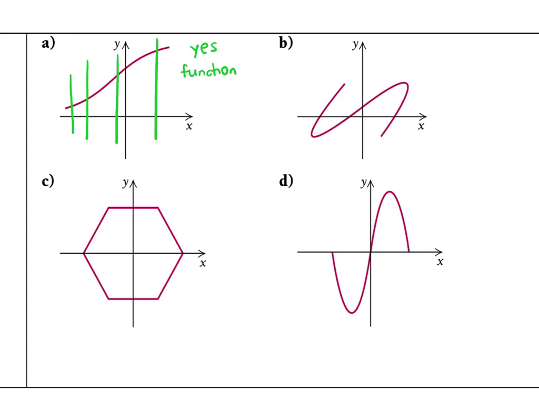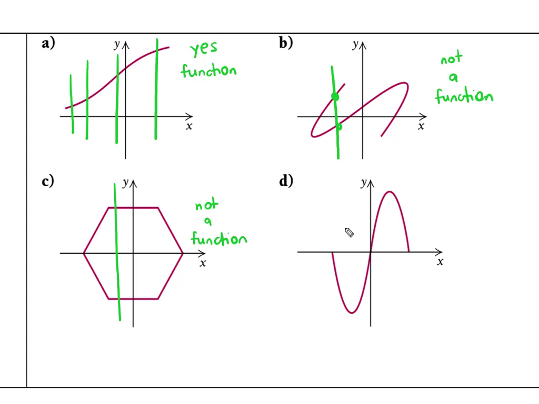But when we look at b, and I draw a vertical line here, that's going to intersect that graph in 2 places. And so that's 2 values of y for the one input of x. So that's not a function. The same thing with c. I can draw a line here, and it will intersect it twice. So it's not a function.